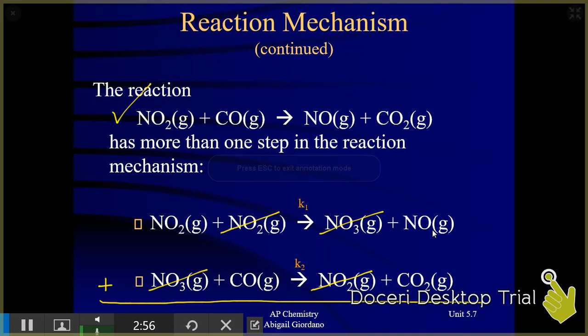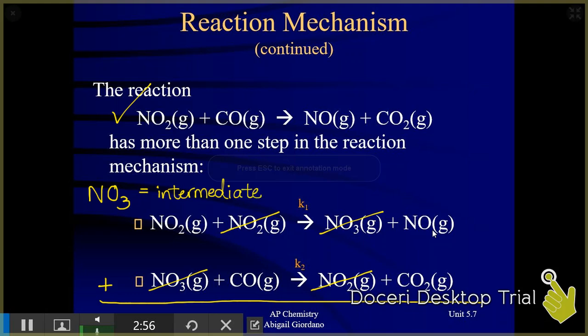Now, these things that I've canceled out here have names, and I don't mean just chemical names, but vocabulary words to describe them. First of all, let's look at NO3. We canceled it out because it was a product on one side and a reactant in the next step, so I could cancel them out. That, ladies and gentlemen, is what's called an intermediate.